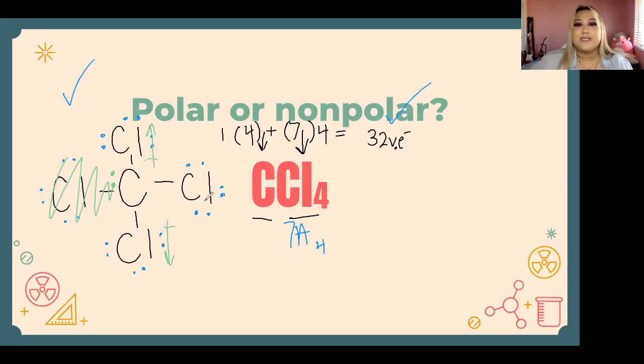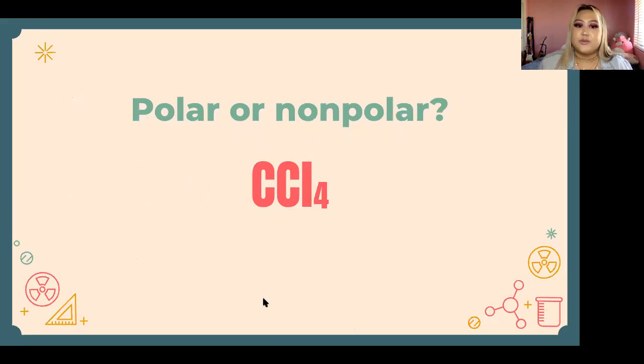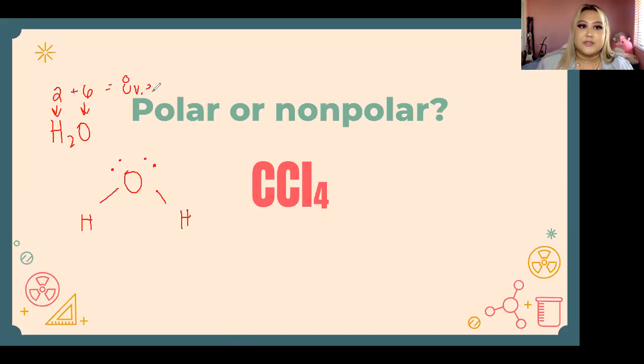For example, can I erase this? Is everyone cool with me erasing this? Yes. So we can do the typical H2O. H2O would look something like this, because we have 2 valence electrons here and 6 here, I believe. So we have 8 valence electrons.